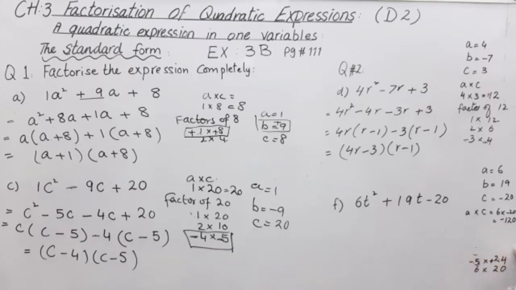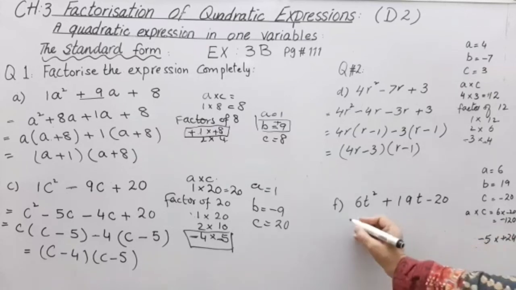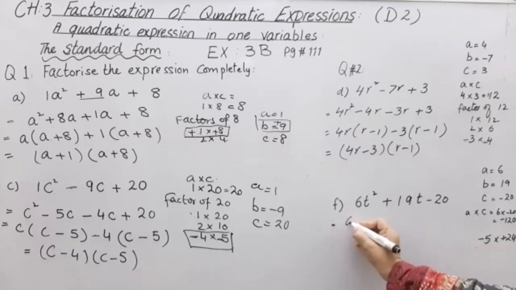We erase all of them, and our minus 5 multiplied by plus 24. When we multiply them, we get minus 120, and the sum is plus 19. So these are our factors.